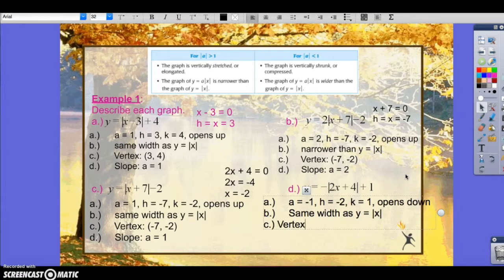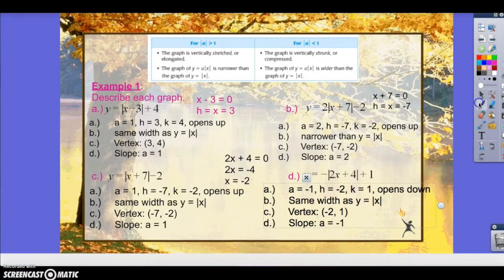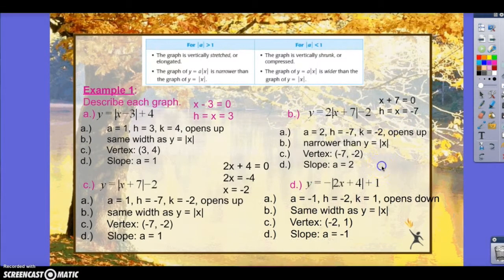C, vertex is -2, 1. And D, slope, equals -1. All right, so we're just doing a lot of identifying here for each of the parts.